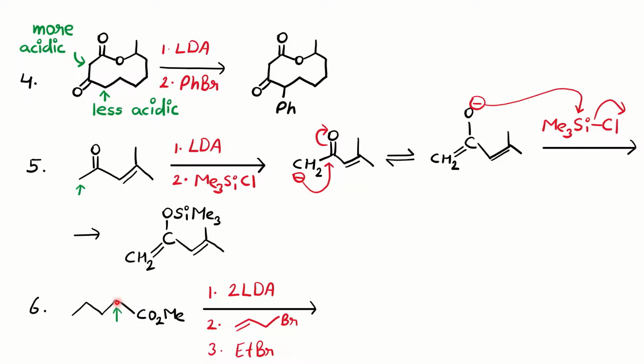You have this CH2 with two hydrogens, and you can notice they have given 2 LDA, a double equivalent, a 1:2 ratio, so both protons will be abstracted with the help of LDA one by one, and two alkylating reagents are also given. So finally you get the product with both hydrogens replaced by alkylation, and of course one will be above the plane and the other below the plane to avoid steric crowding.